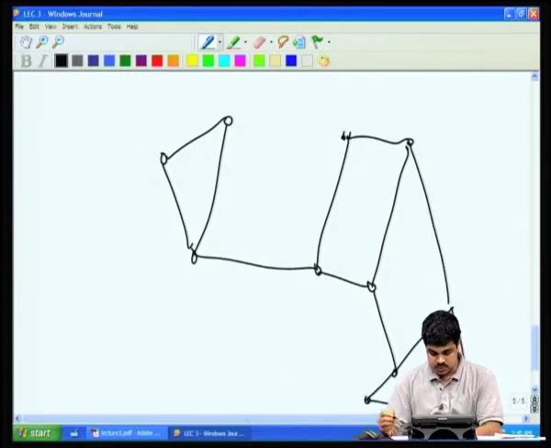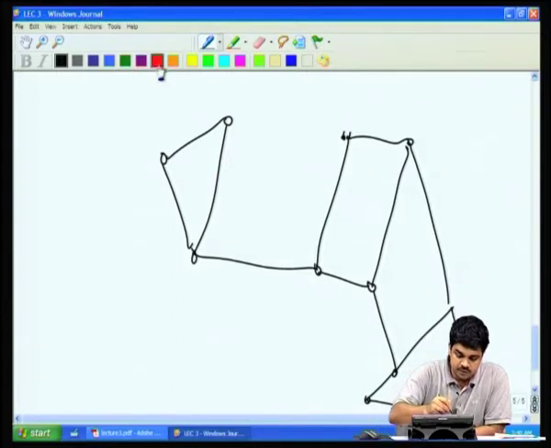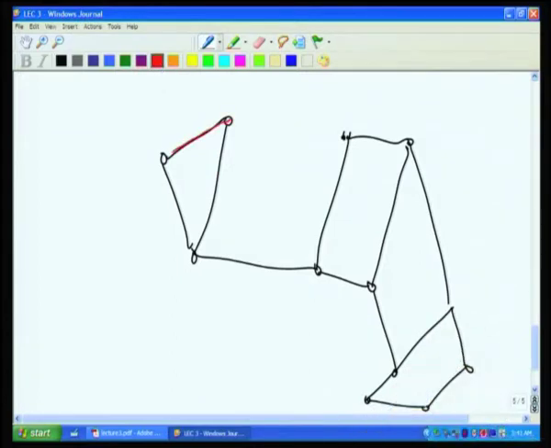Look at this vertex. A cycle cover of this graph can be marked like this: one cycle, another cycle. All the vertices have to come in exactly one cycle. We should find a collection of cycles in the graph such that each vertex of the graph is contained in exactly one cycle.